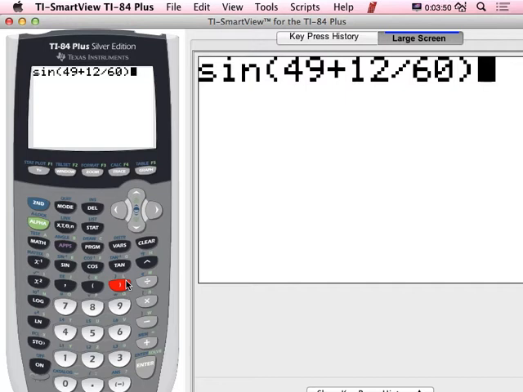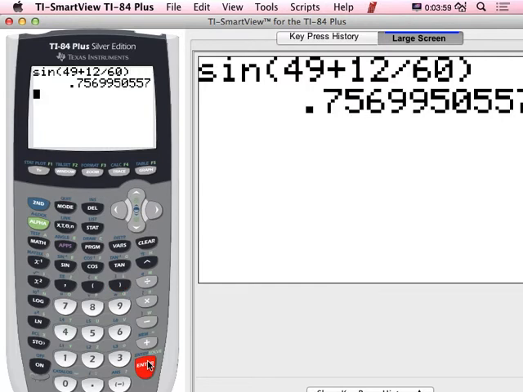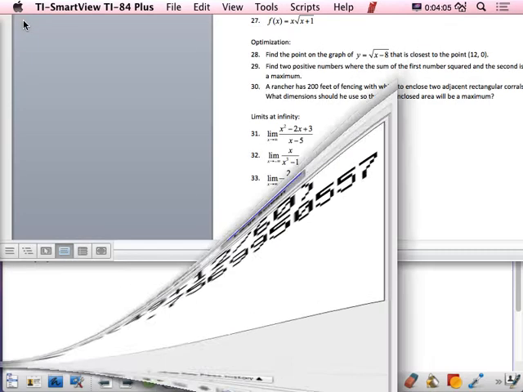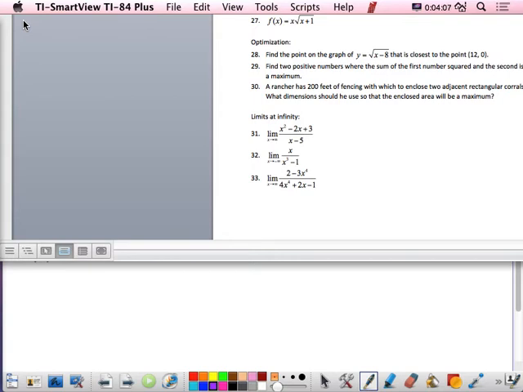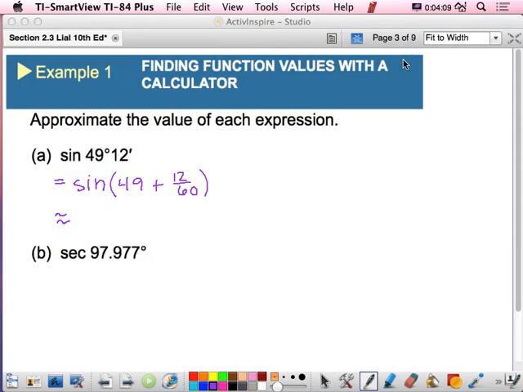When you use these conversions, it's not necessary to put extra parentheses, and it doesn't really even have to be in fraction form. You'll get the correct answer. So did you guys get 0.757? Yeah. Okay. So this one we rounded to 0.757.